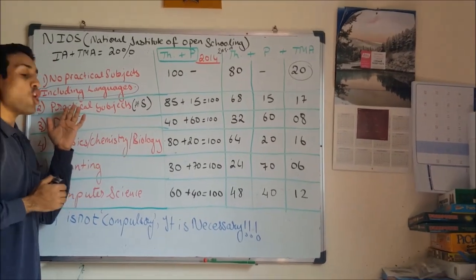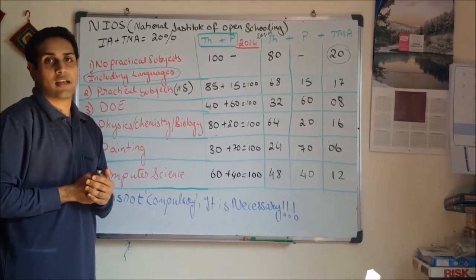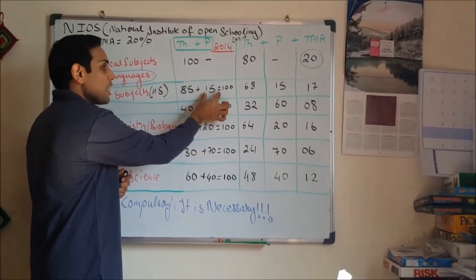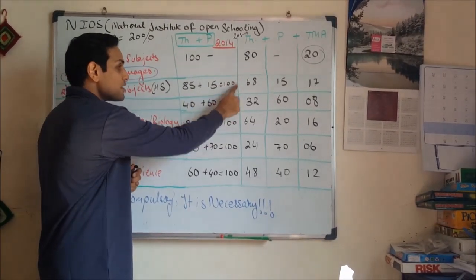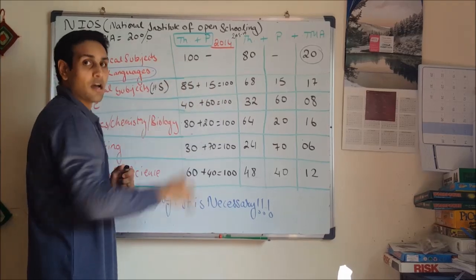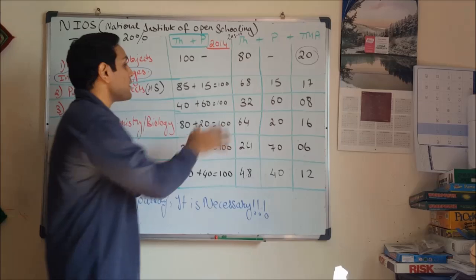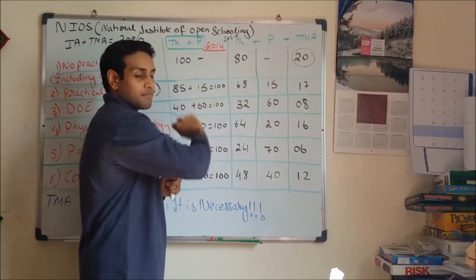What happened in a practical-based subject? The best example is home science. We know in home science the theory paper was for 85 marks and the practical was for 15. When added together, they gave a total of 100. Clear? But from 2015, as I said, changes took place where the theory marks changed from 85 to 68.